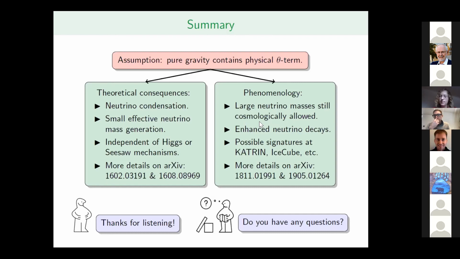In that sense, that means the sterile neutrino can still talk to the active neutrinos in the early universe. So the sterile neutrinos and the active ones would both get a condensate in this case, and both get a mass, and they would be of similar orders. So you could have, for example, light sterile neutrinos.